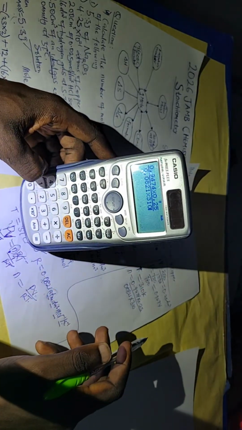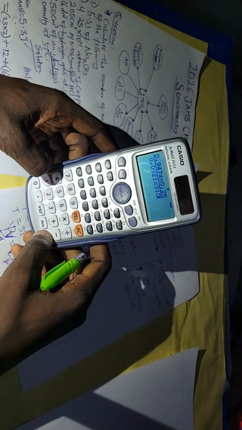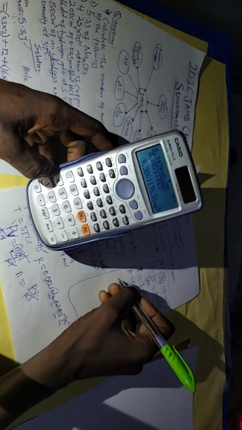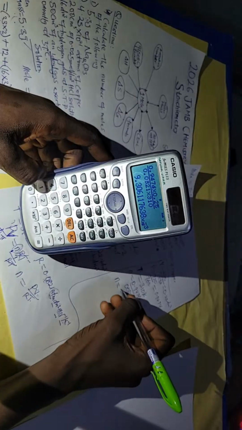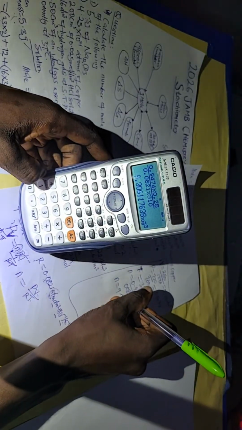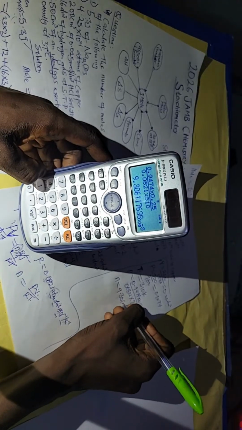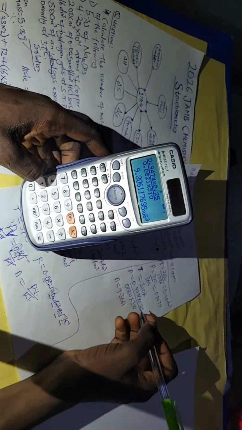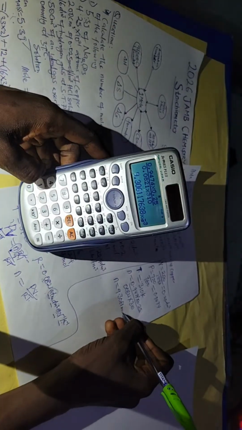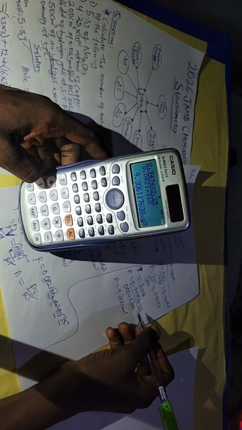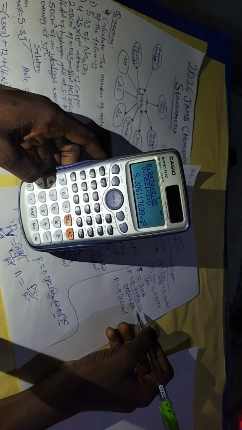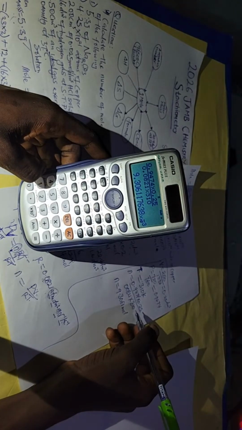I hope we can all see that. So the number of moles here is equal to 9.3061, times 10 to the power of minus 3 mole.